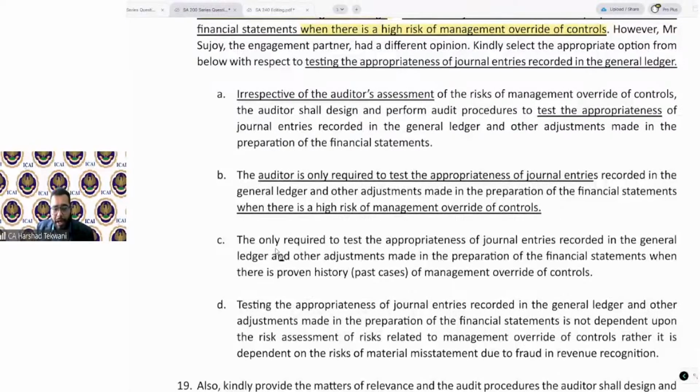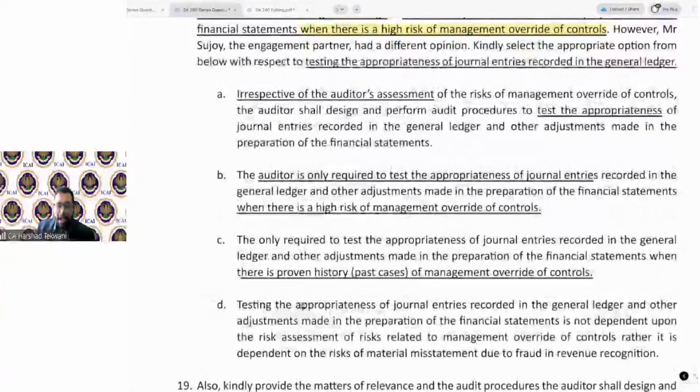Third, the auditor is only required to test the appropriateness of journal entries recorded in the journal ledger and other adjustments made in the preparation of financial statements when there is a proven history of management override of controls. Okay, the audit team is only required to test when there is a proven history.